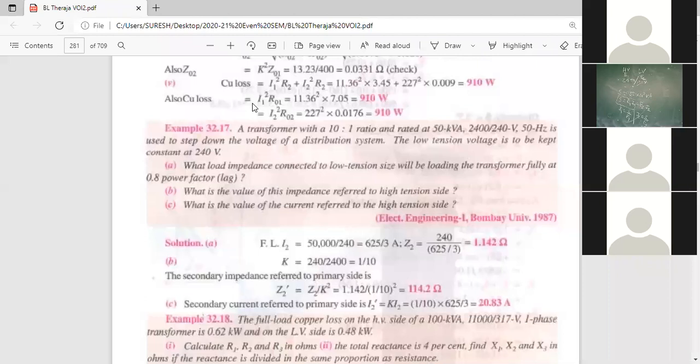For this problem, only copper loss they have asked. This data is not sufficient for calculating the iron loss in this problem. Some more data is required. Frequency is required. That frequency concept we'll see in the next class.